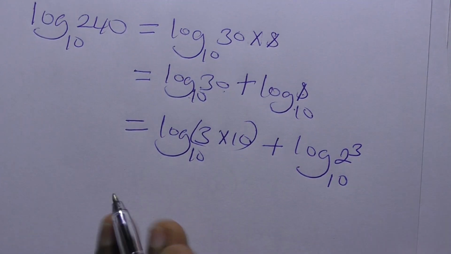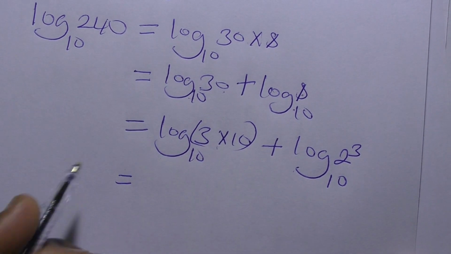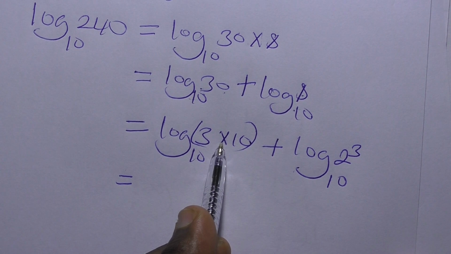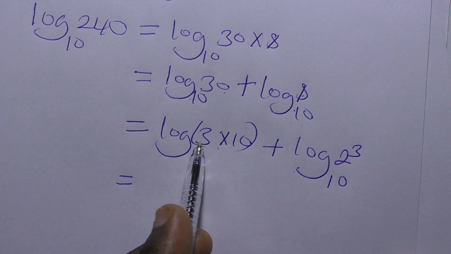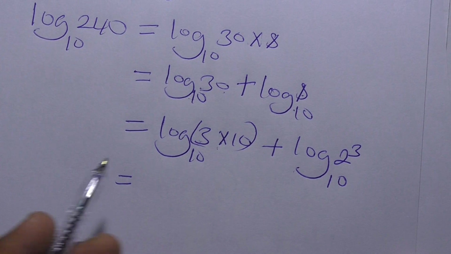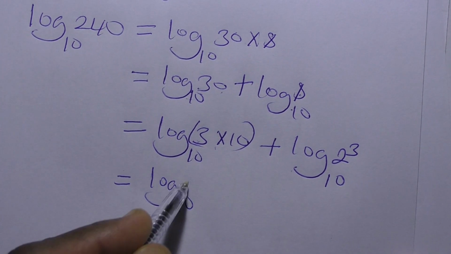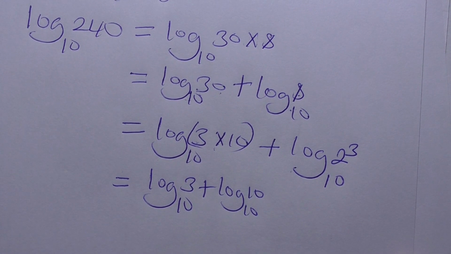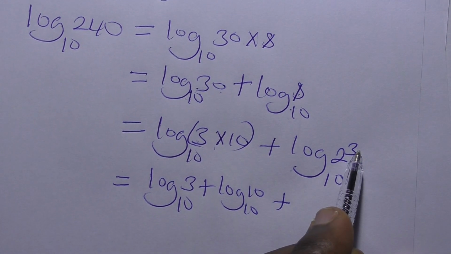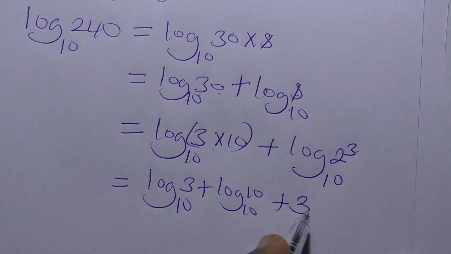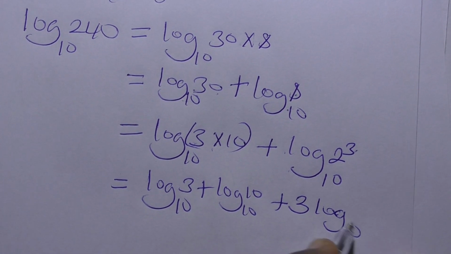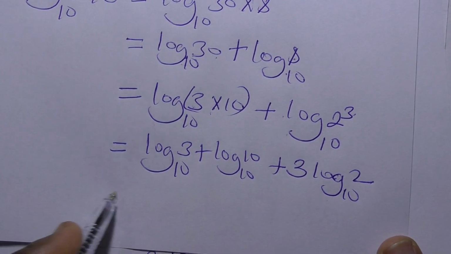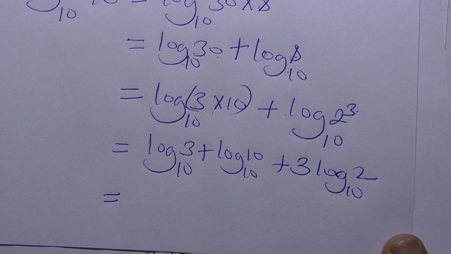So after simplifying them, we now apply the laws of logarithm. Where I have multiplication, I'm going to add the logarithms of the multiplying powers. That is log 10 of 3 plus log 10 of 10, plus the power comes down to give us 3 log 10 of 2. So I now have everything under control.